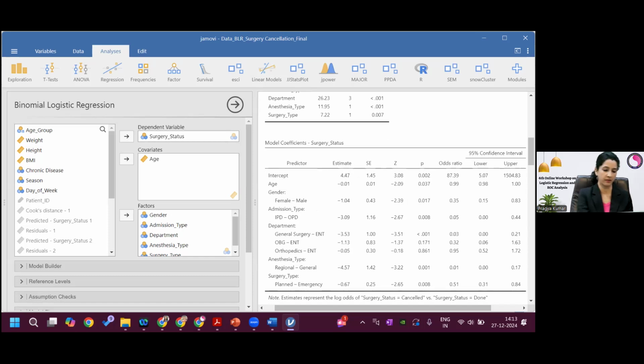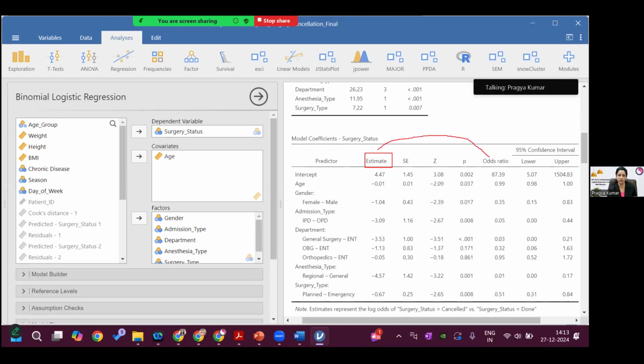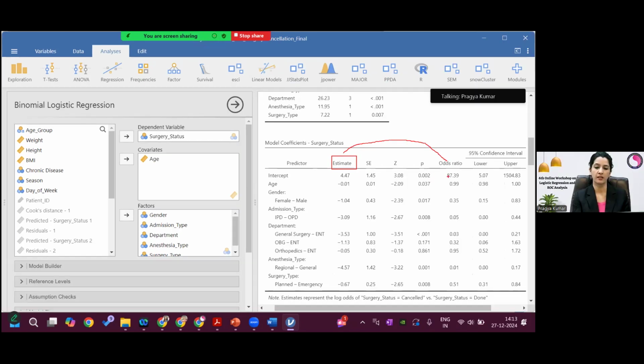This estimate that you see here is actually the log odds, and when you exponentiate it, the odds ratio is the exponent of this estimate. We also calculated this using calculator.net, taking e as the base.